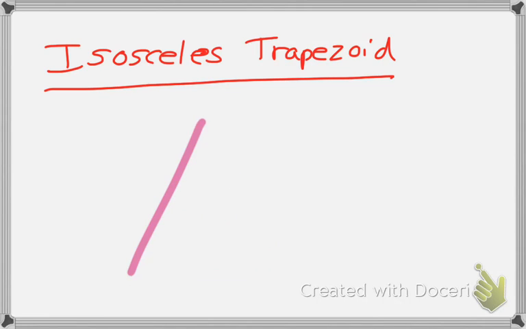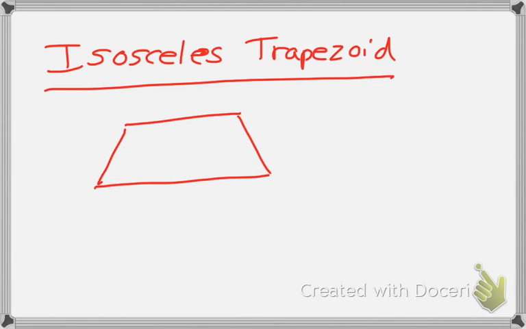So an isosceles trapezoid is a trapezoid that has two congruent sides. So we still have our one set of parallel sides, top and bottom. We're going to call those the bases.